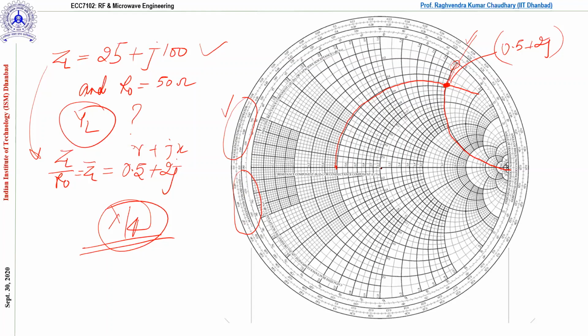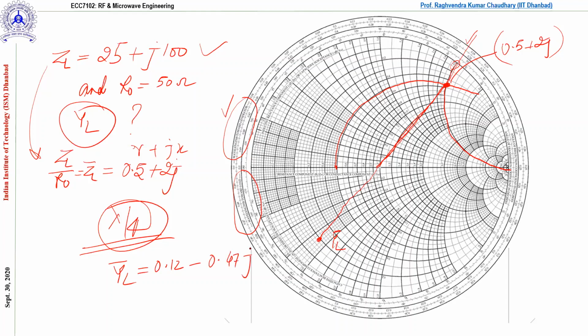If you take a scale, match these two lines, and extend at the same length, you will get a point which is actually yl bar. If you read this point, yl bar is equal to 0.12 minus 0.47j.